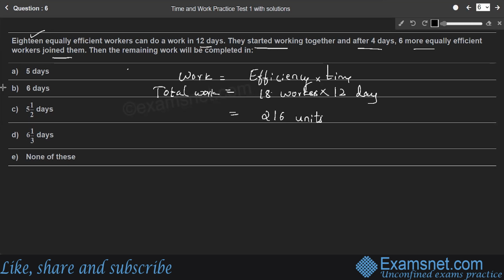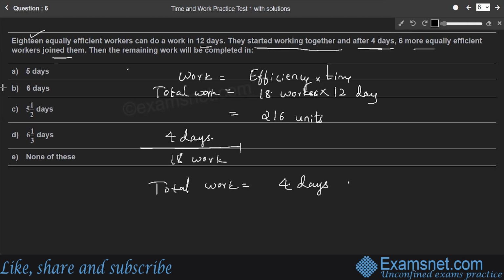In reality, they started working together, and after 4 days, 6 more equally efficient workers joined them. We'll consider 4 days' work. How many workers are working here? 18 workers are working. Therefore, total work is equal to the first 4 days' work plus the remaining days' work.